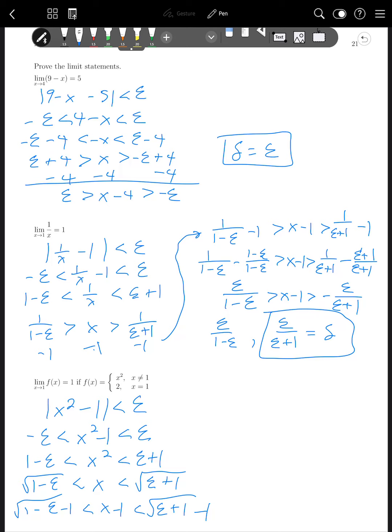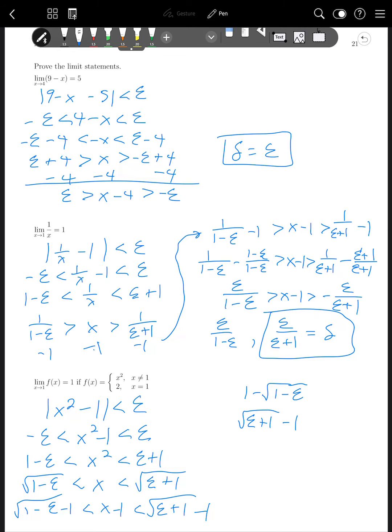First of all, the one on the left is always negative, so you have to take the opposite of that. So it's actually going to be 1 minus the square root of 1 minus epsilon. And the other one is going to be the square root of epsilon plus 1 minus 1.